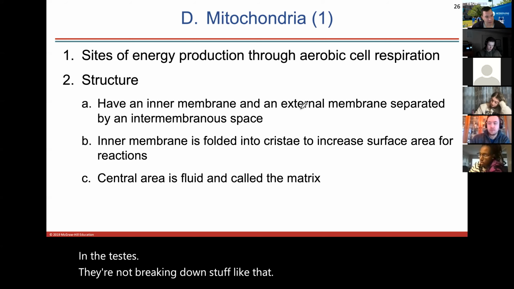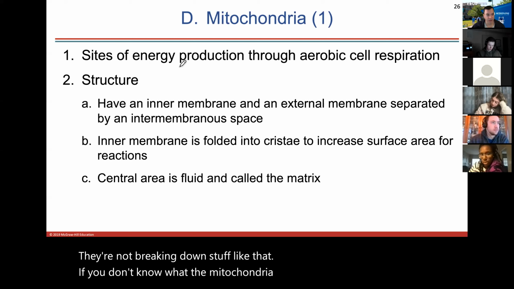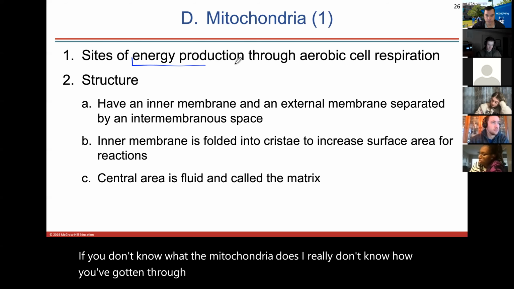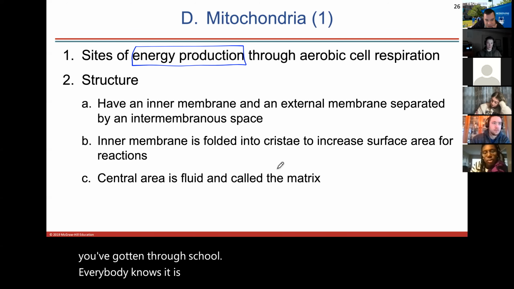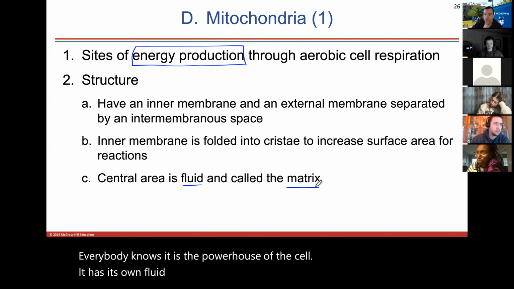If you don't know what the mitochondria does, I really don't know how you've gotten through school. Everybody knows it is the powerhouse of the cell. It has its own fluid, right? Called the mitochondrial matrix. It has a number of folds on the inside.